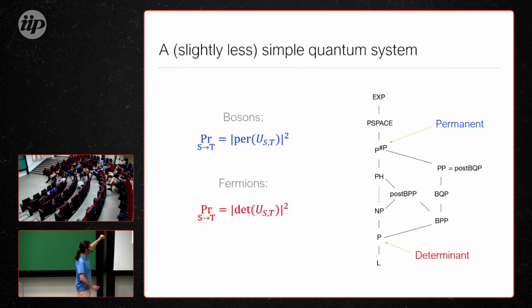So if you try to build a quantum device that computes the permanent for you based on this, that doesn't work, because you're going to have a bunch of probabilities and they're all going to be very tiny, and you're going to have to repeat the experiment exponentially many times in order to get decent precision in the estimates. So a quantum device cannot compute permanents in a useful sense.